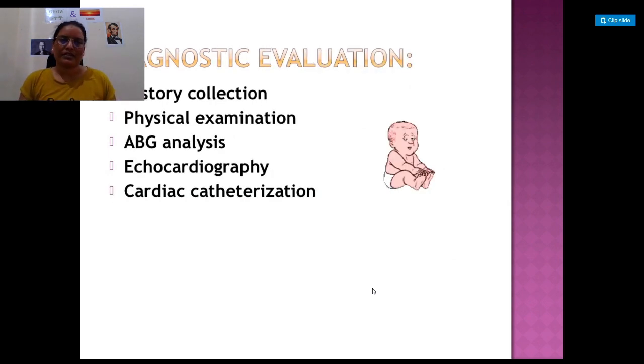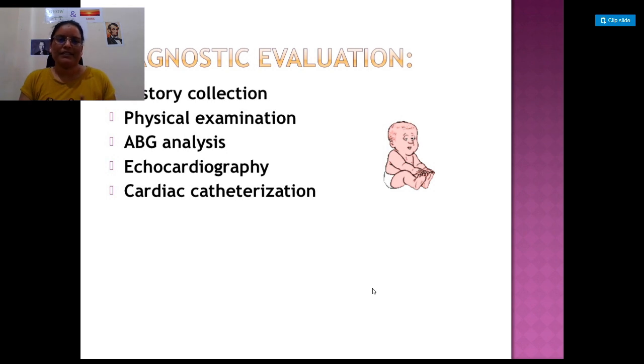Diagnostic evaluation: we collect the history and physical examination, from which we know the cyanosis, and ABG analysis. What does ABG make clear to us? When we take the ABG analysis, it provides information regarding how much oxygen is given to the blood by the lungs and how much carbon dioxide is taken from the blood by the lungs.